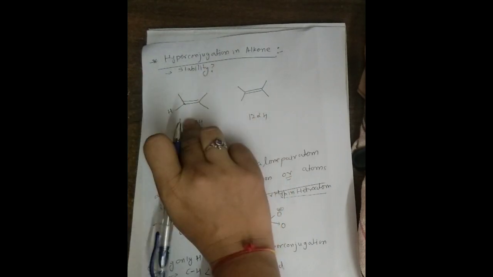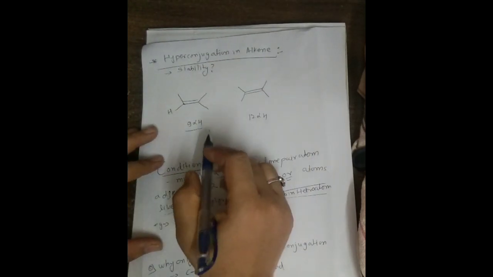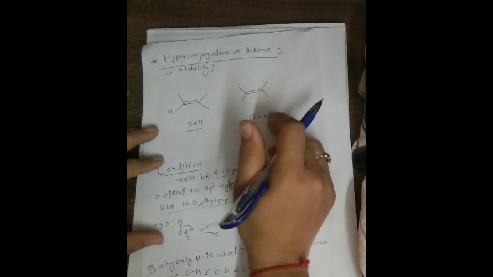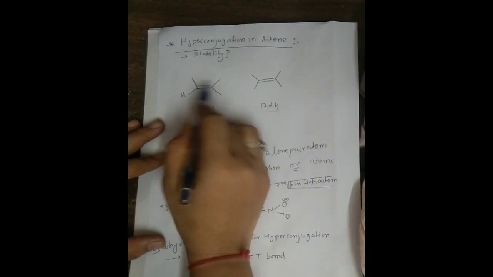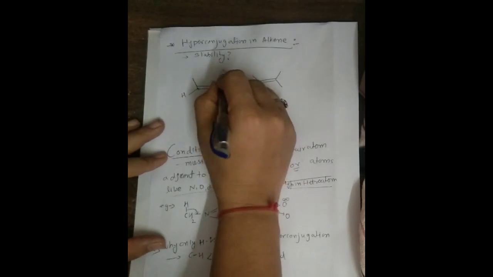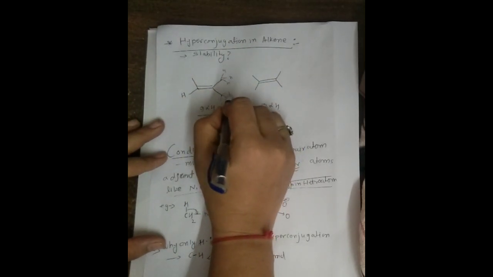For the examples of hyperconjugation of alkenes, we have taken two compounds where this one has 9 alpha hydrogen atoms and this one has 12 alpha hydrogen atoms. How they form, let us know. This is the carbon atom where 3 hydrogens are attached to every carbon atom.